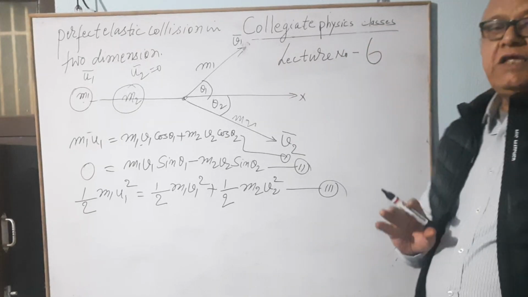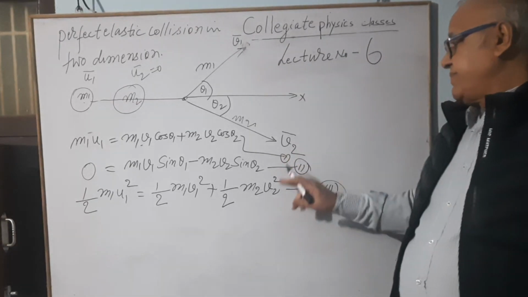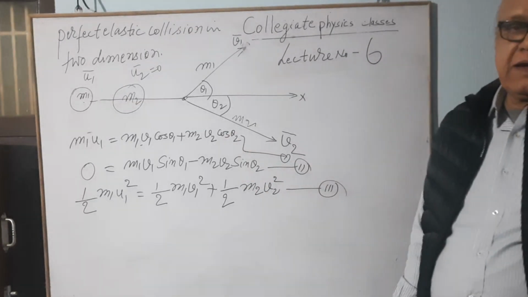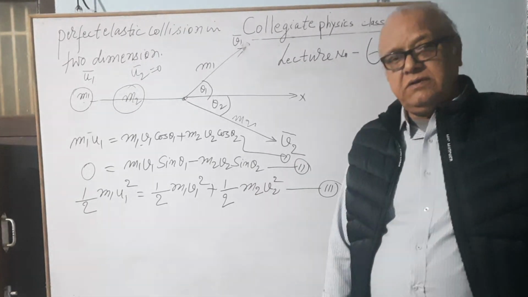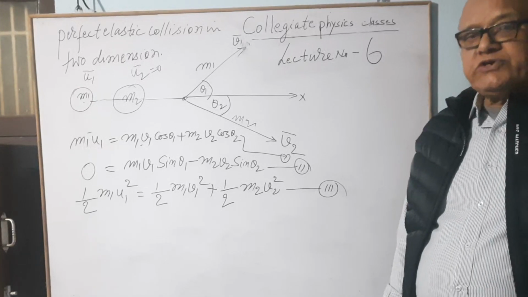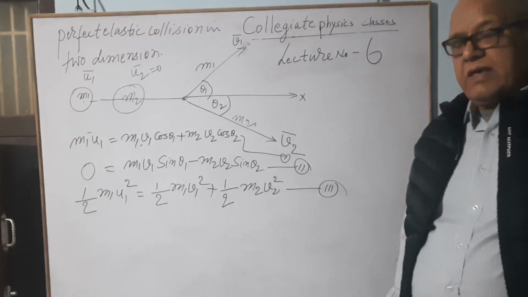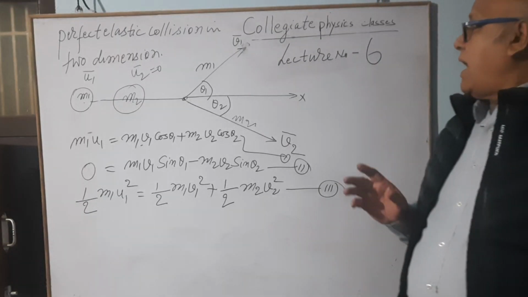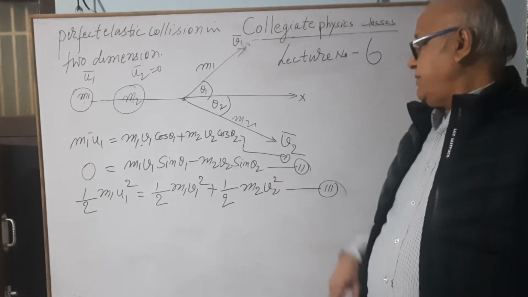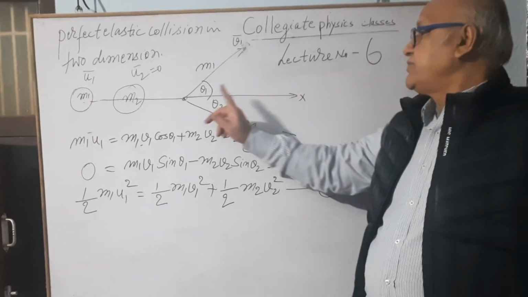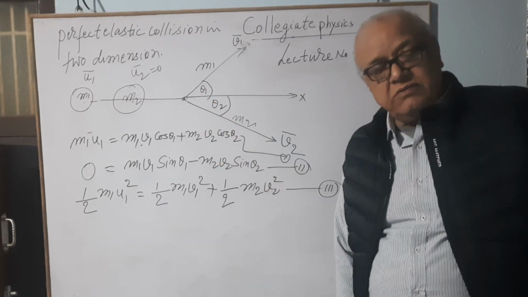We have only 3 equations as given on this blackboard. But after collision, to study the motion of the system, we have to find v1, v2, theta 1 and theta 2.